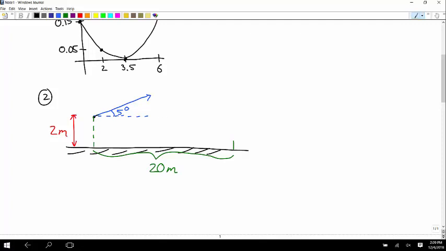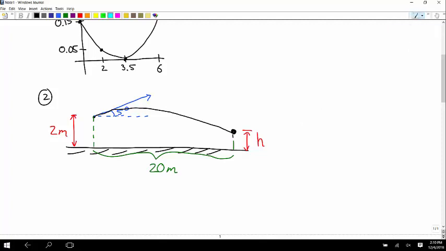So the path of the ball is something like this. And we want to know this height. The speed when it's thrown, well, all the usual steps.